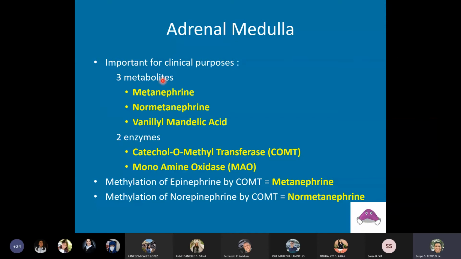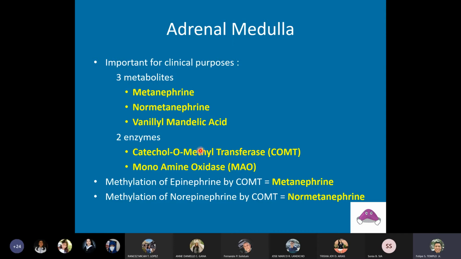So remember, the catecholamines are just short-lived. You can produce them in a few minutes or sometimes seconds, but they are also easily metabolized. So your epinephrine becomes metanephrine, your norepinephrine becomes normetanephrine, and together they become vanillyl mandelic acid.